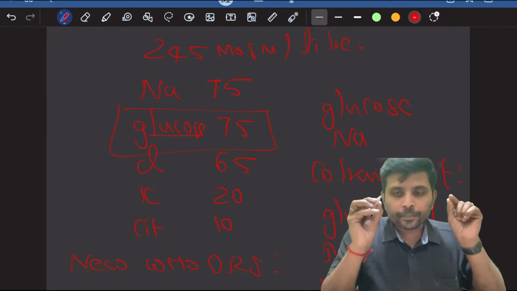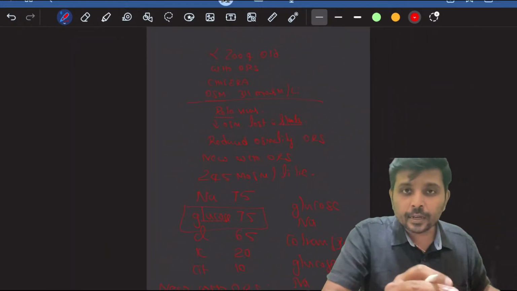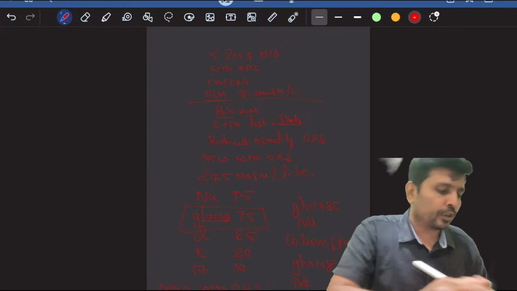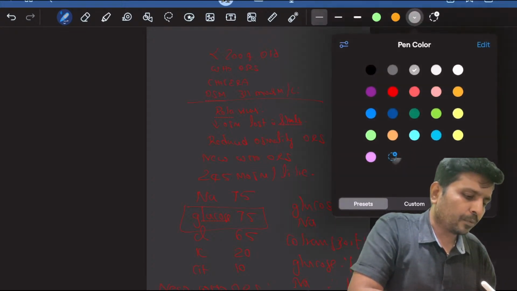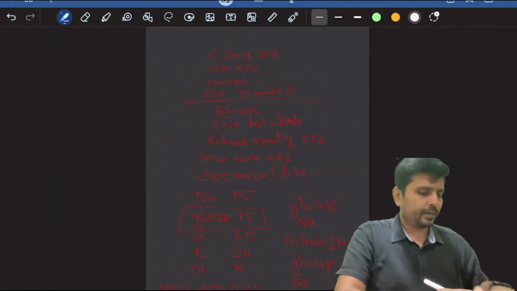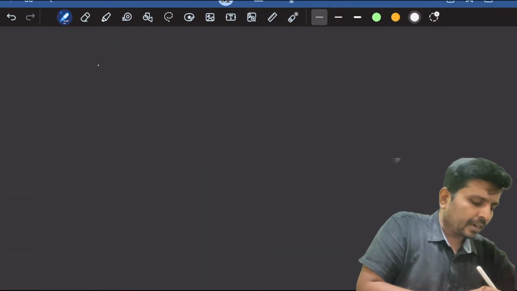So the mechanism of action of ORS is the sodium glucose co-transporter. That is very, very important.